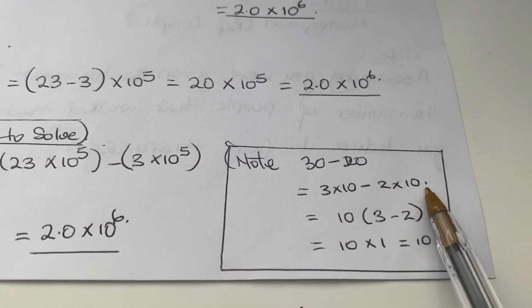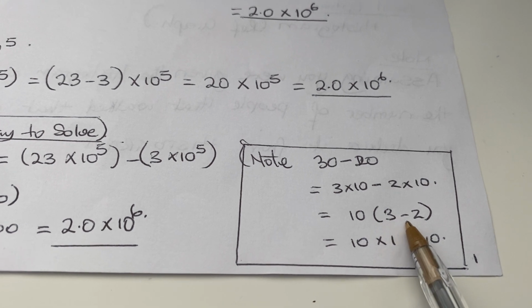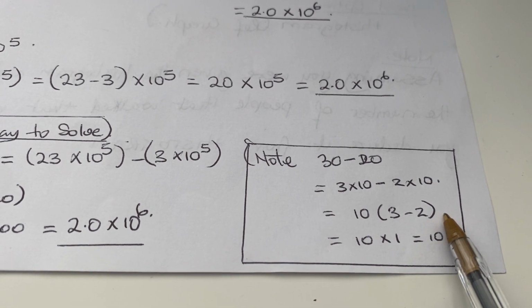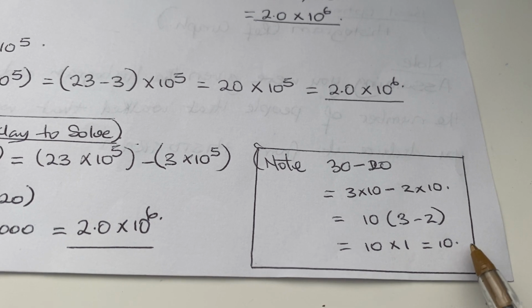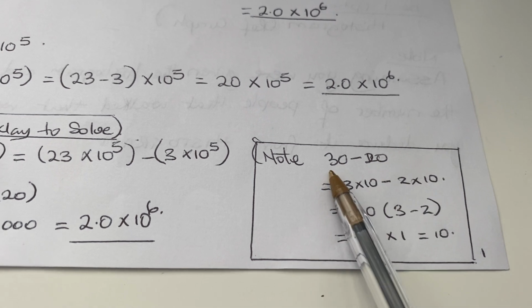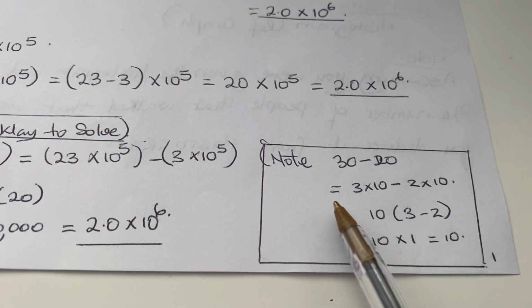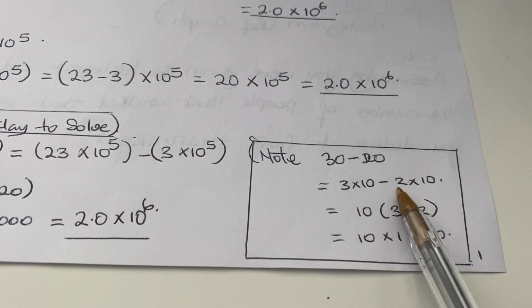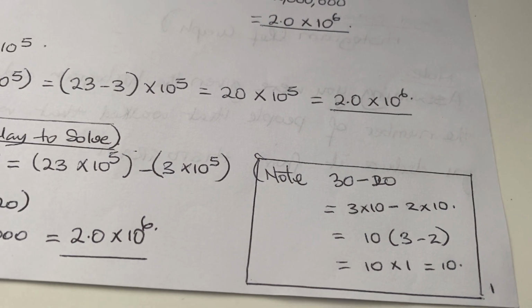Okay, so now if I bring the 10 out, I have 3 minus 2. So now I have 10 times 1, which is equal to 10. So 30 minus 20 equals 10. We know that, but I've just used indices to prove that for you.